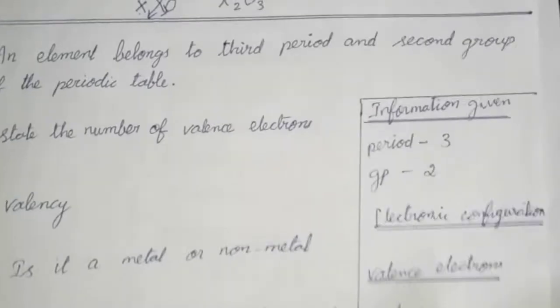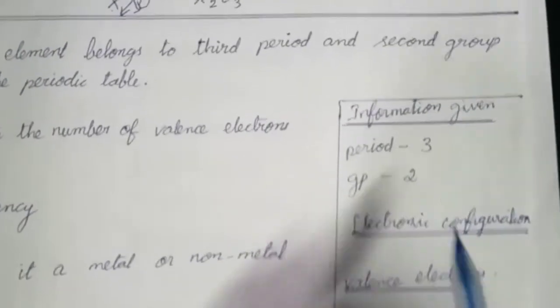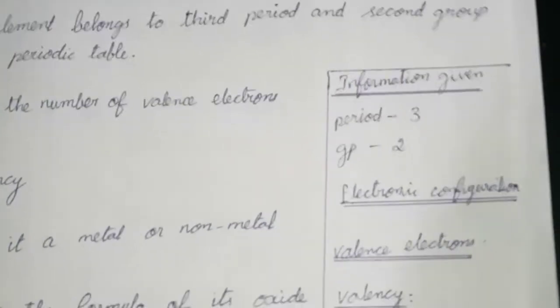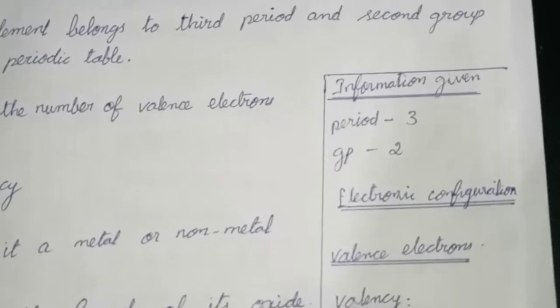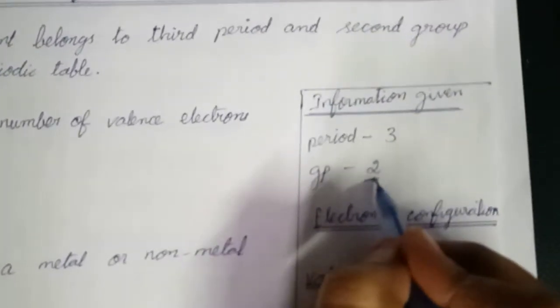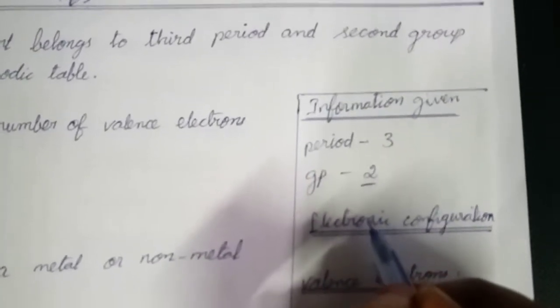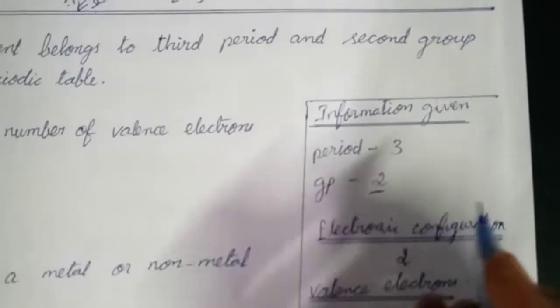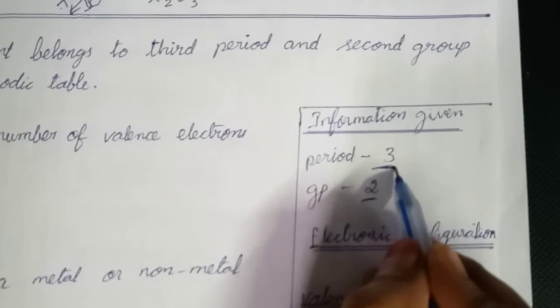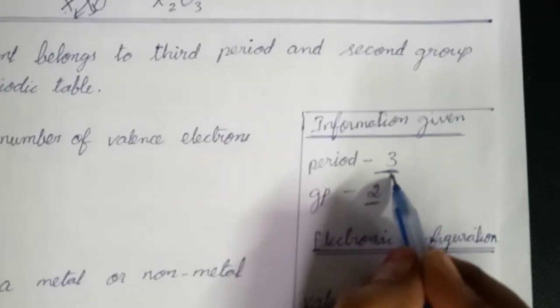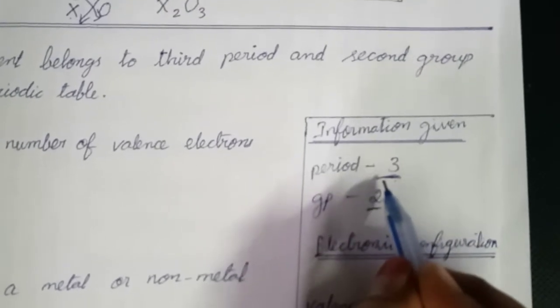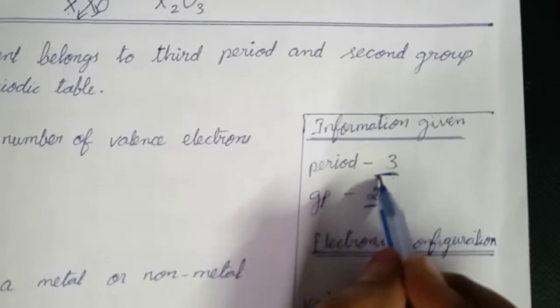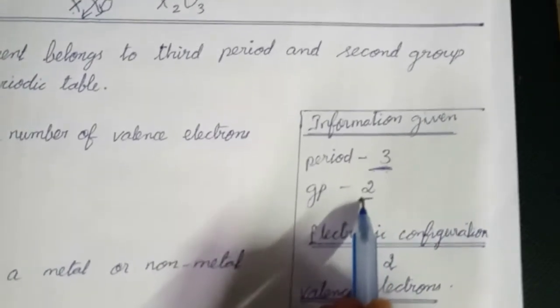From these two pieces of information, first we can find the electronic configuration. Group 2 means it must contain 2 valence electrons in its outermost shell, and period 3 means it contains 3 shells. The first two shells are completely filled and the third shell contains 2 electrons.